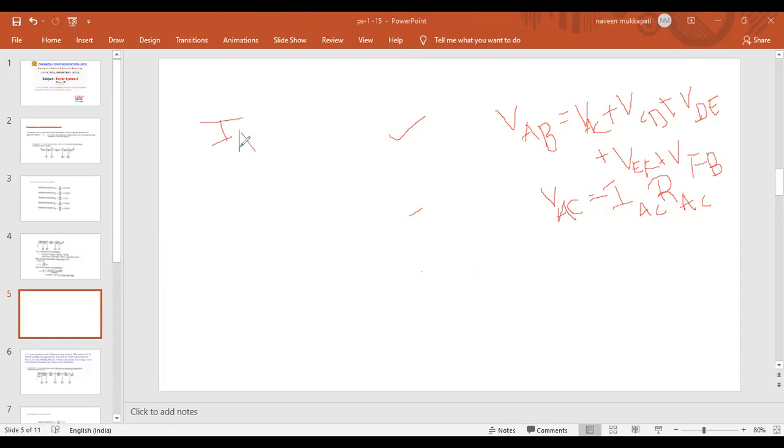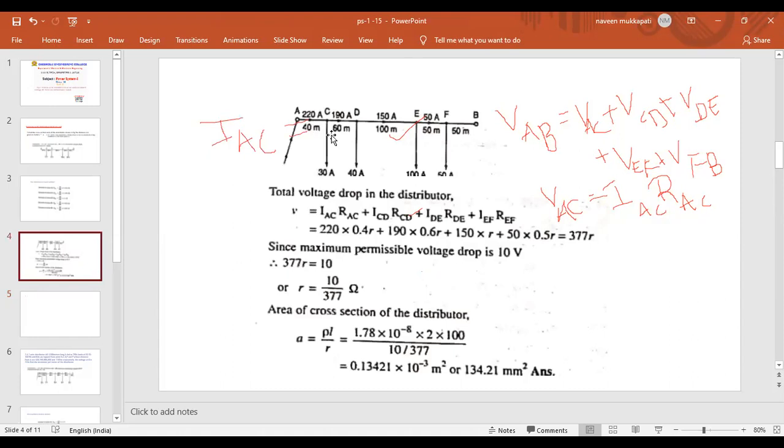What is the formula for IAC? IAC is equal to, first of all, we mention names for the loading points. This is I1.